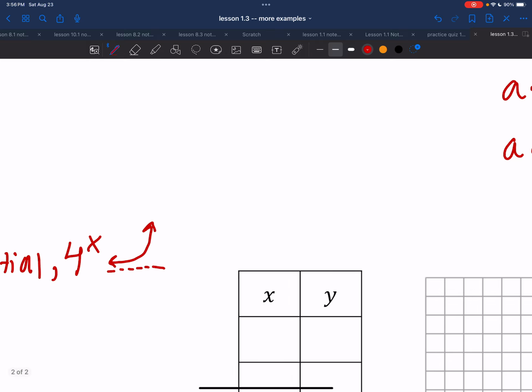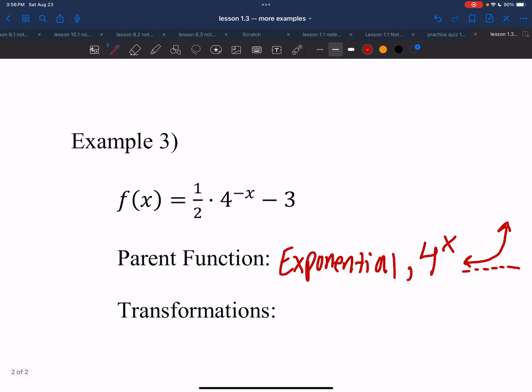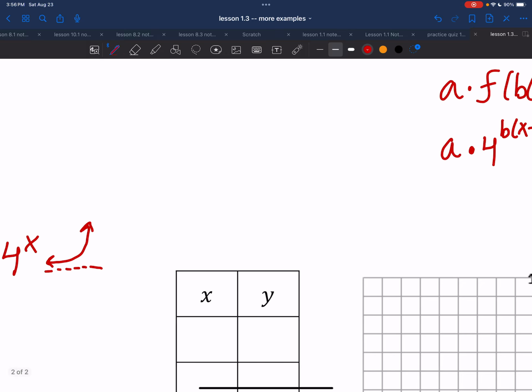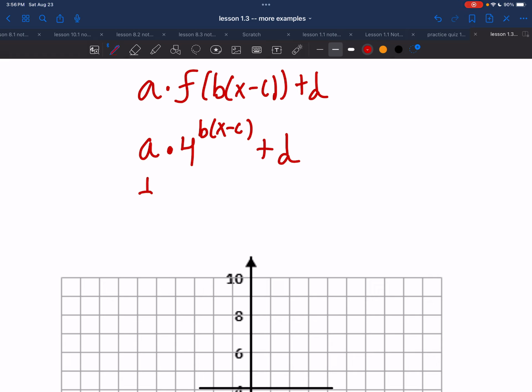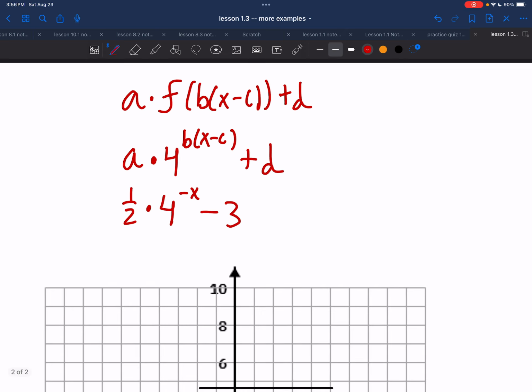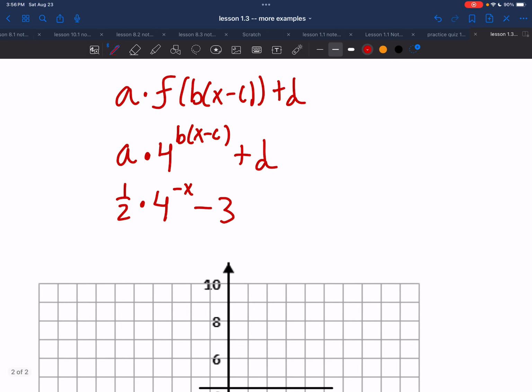So if I'm going to look at this again and rewrite it, see here, a half, negative x and minus 3. So it is 1/2 times 4 to the negative x, minus 3. And again, I'm just going to look at all these values and relate them to a, b, c, d. The a value is a half. That's what's multiplying it. So it's a equals 1/2. Then you see up in the exponent here, it just says negative x, nothing else.